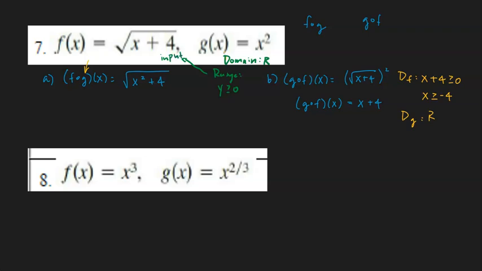I'm going to go ahead and write it so that it'll save right here. Let's go ahead and talk about that again. So for function f, the domain is going to be all real numbers. And then the range of function f is y greater than or equal to 0.